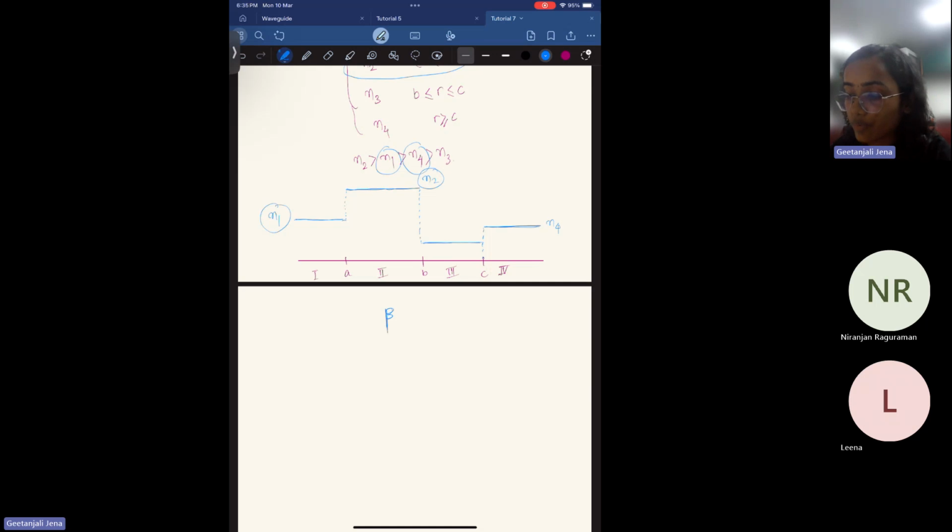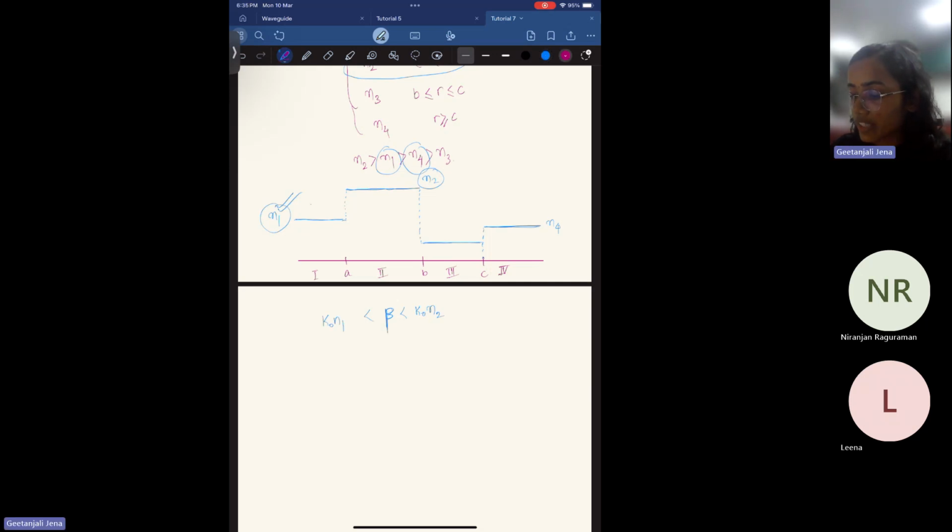In this type of profile, when we have more than one core layer, the beta value should be less than the highest value, k0 N2, and greater than the next highest value, which is k0 N1.